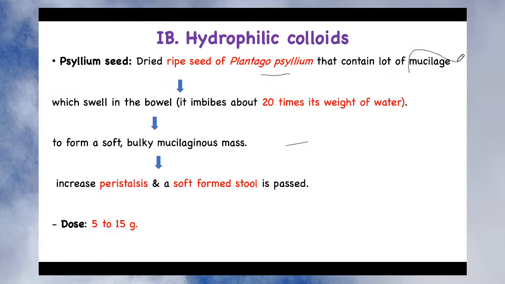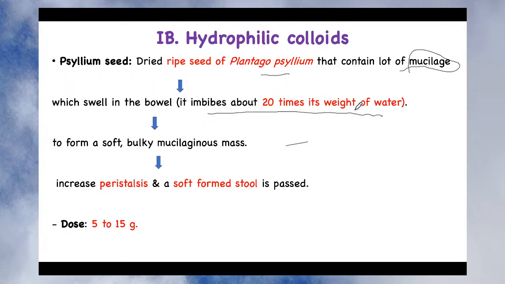Since it contains a lot of mucilage, when it comes in contact with water, it imbibes about 20 times its weight of water. It means if the volume is just 1 ml, when it absorbs 20 ml of water, this 1 ml of volume will be converted into 20 ml, right?